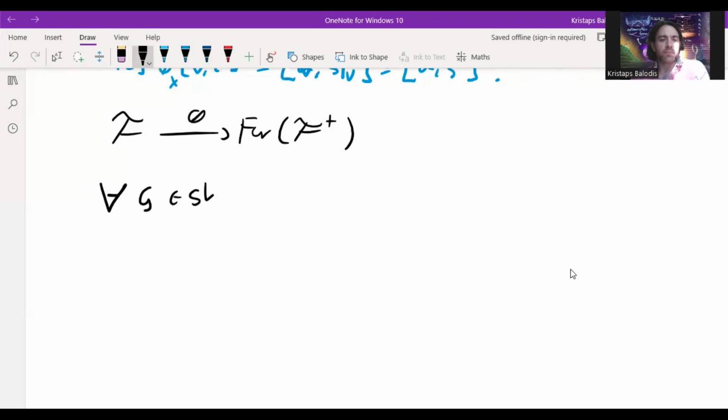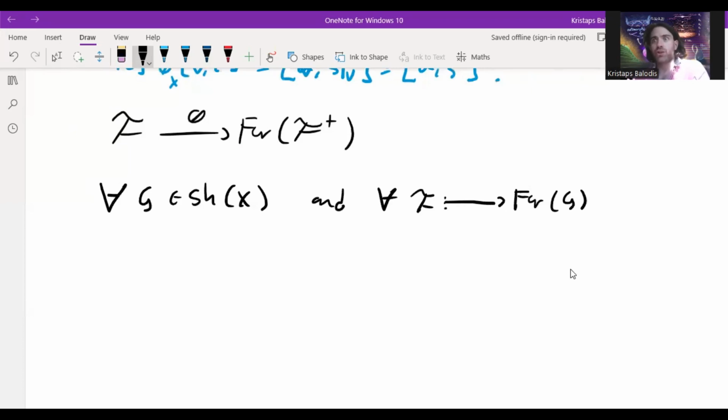But it says that for all sheaves G, and for all, let's say, maps f from F to the forgetful image of G. So remember, G is a sheaf, F is a presheaf. Strictly speaking, to compare them, I should forget G's sheaf-like nature.